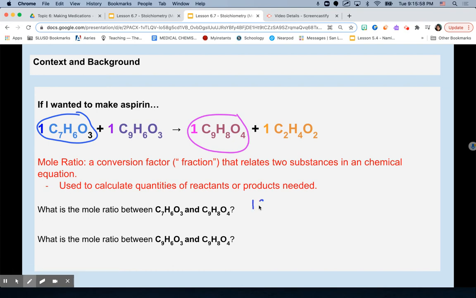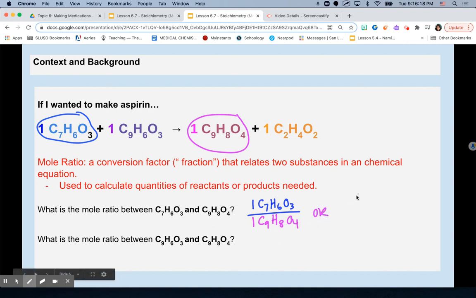So I can either write it as C7H6O3 on top over this product called aspirin on the bottom, right?